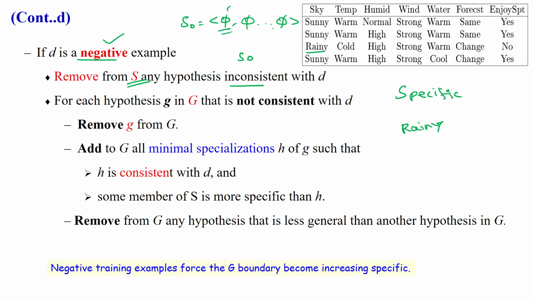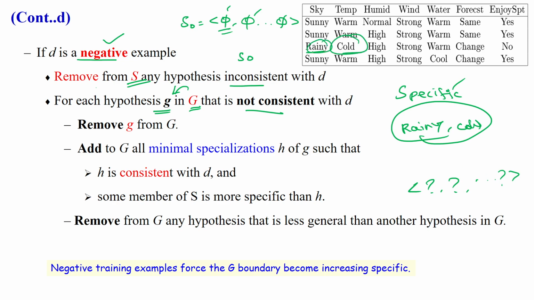Then we check the next null, and it will be replaced by cold. Like this the null value will be replaced by the specific value. Once it is over, then we have to start with the general boundary in the G. So the general hypothesis from the G we have to check. As per the given initialization, all are question symbols.